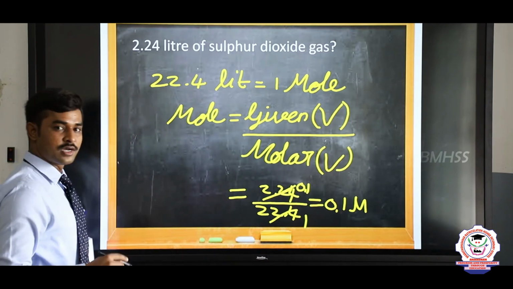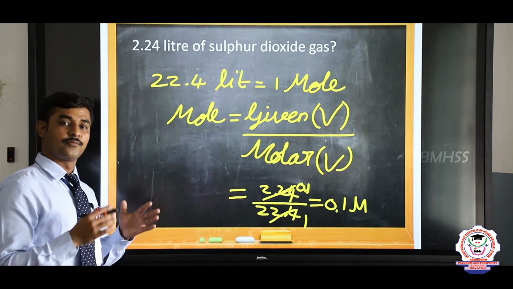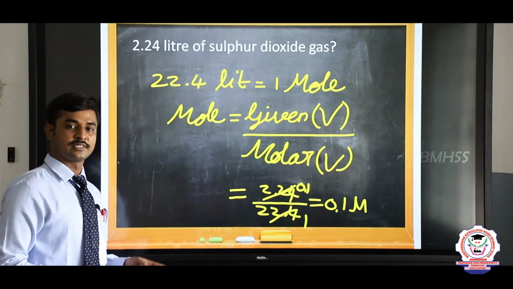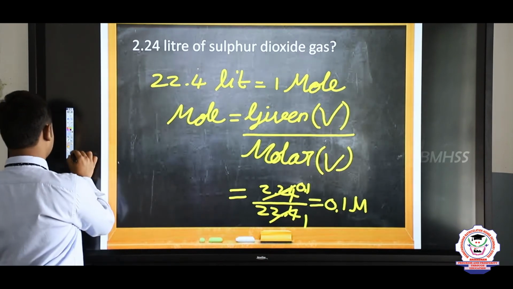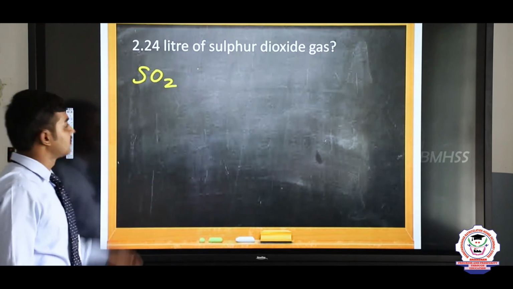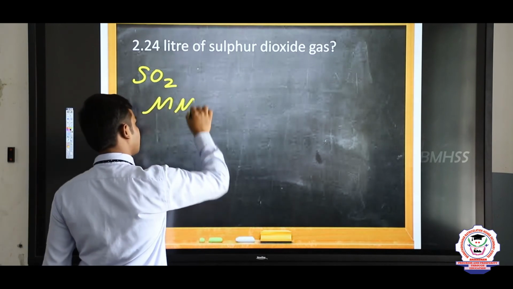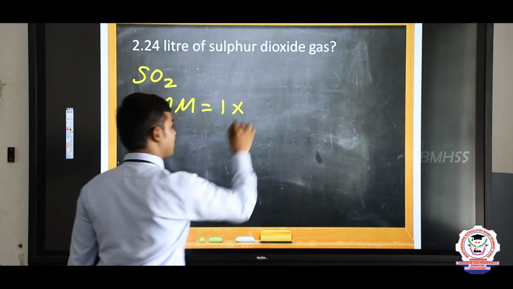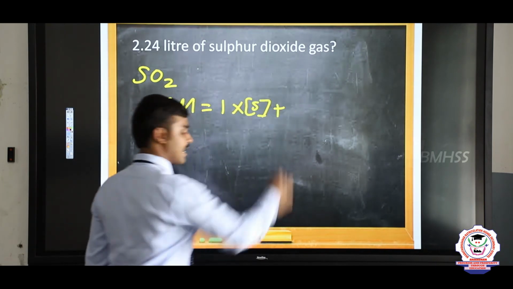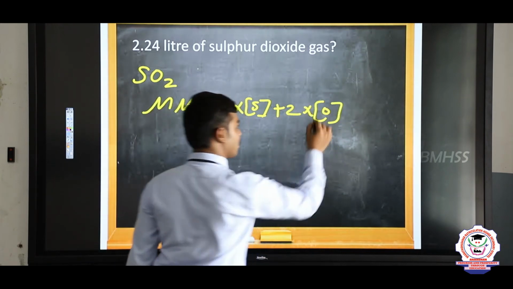Before we find the mass for the given sulfur dioxide, we need to know the mass of 1 mole of sulfur dioxide, that is molar mass. Molar mass of sulfur dioxide can be calculated by this method. Sulfur dioxide has 1 sulfur and 2 oxygen. So, the molar mass can be calculated by multiplying the number of sulfur atoms by the mass of sulfur, and multiplying the number of oxygen atoms by the mass of oxygen.